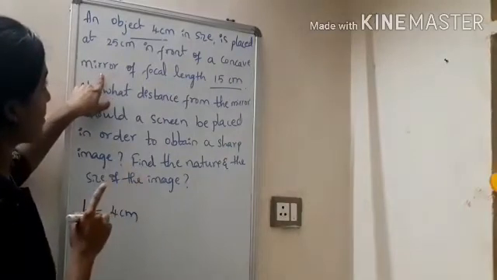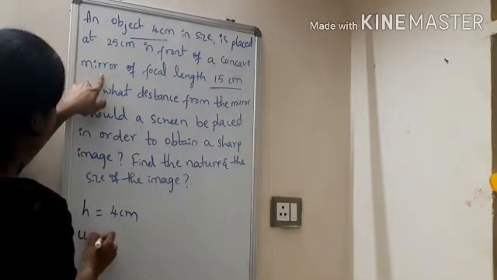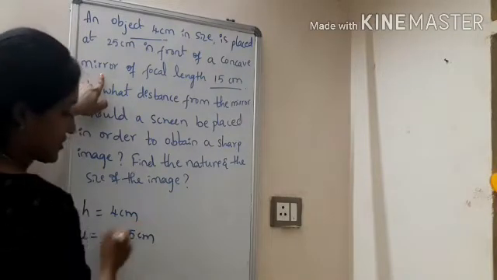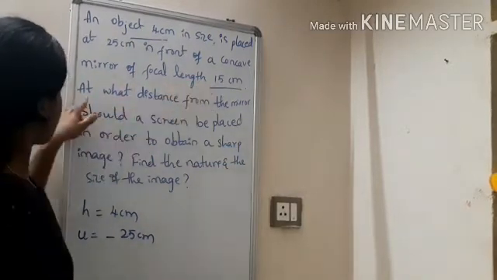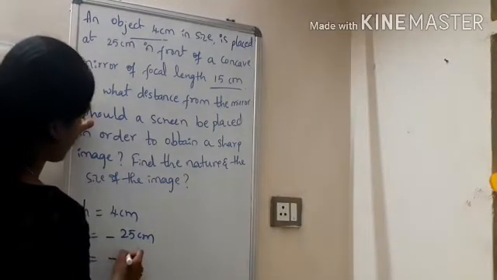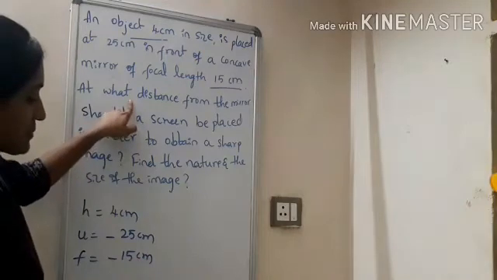In front of the concave mirror means the object distance is negative 25 centimeter. Focal length, they have given 15 centimeter, that is negative 15 centimeter.